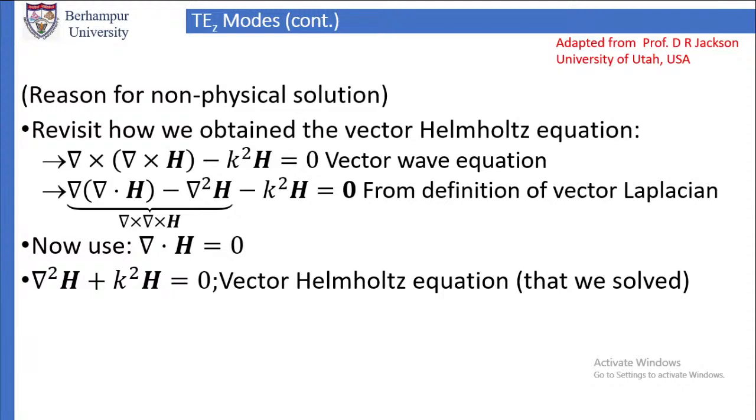For that part, we then use divergence of h is equal to 0. Using that, we obtained the vector Helmholtz equation. So we started with the vector wave equation, and we used the fact that divergence of h is equal to 0.